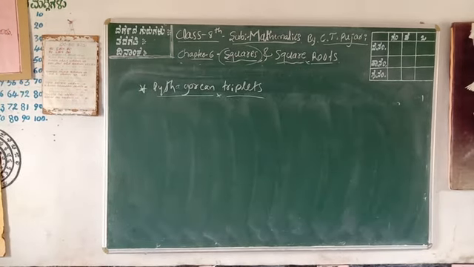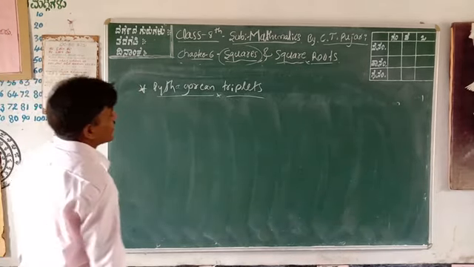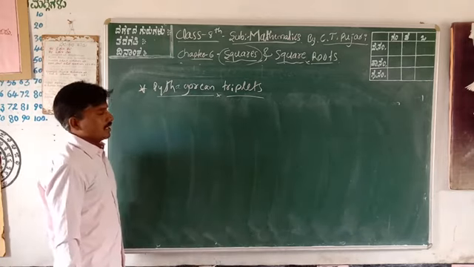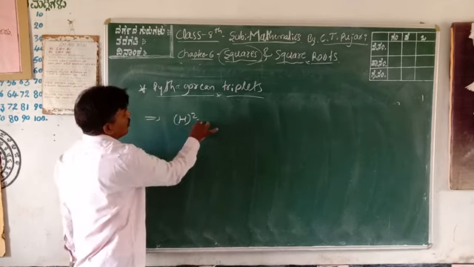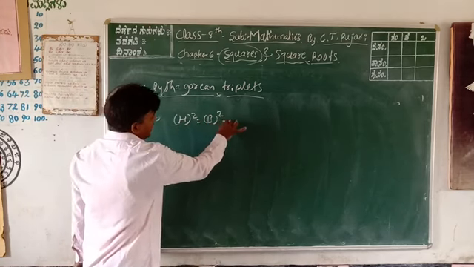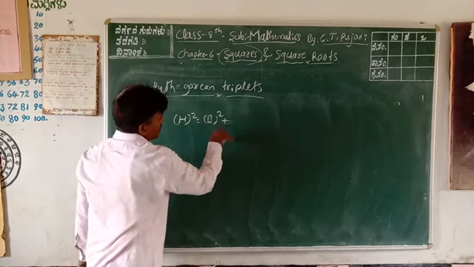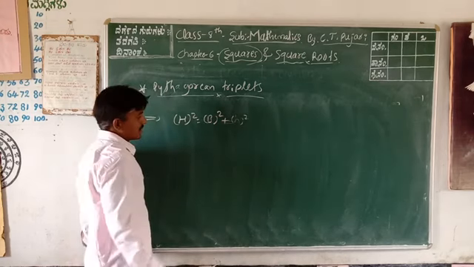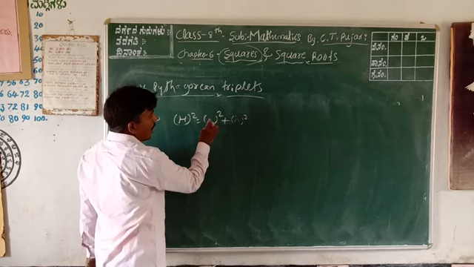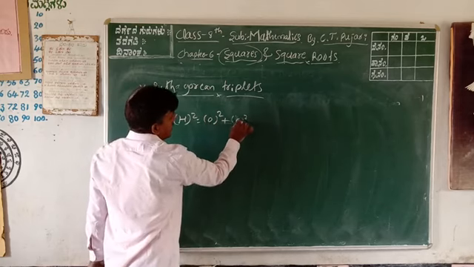The last one is Pythagorean triplets. Our Pythagoras theorem is what? The hypotenuse square is equal to base square plus height square, or otherwise hypotenuse square is equal to opposite side square plus adjacent side square.